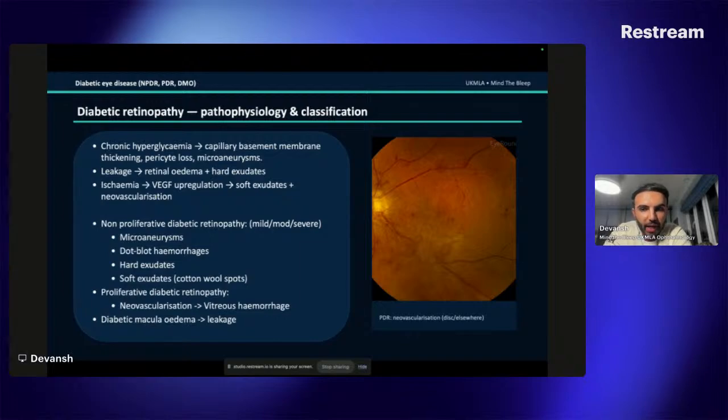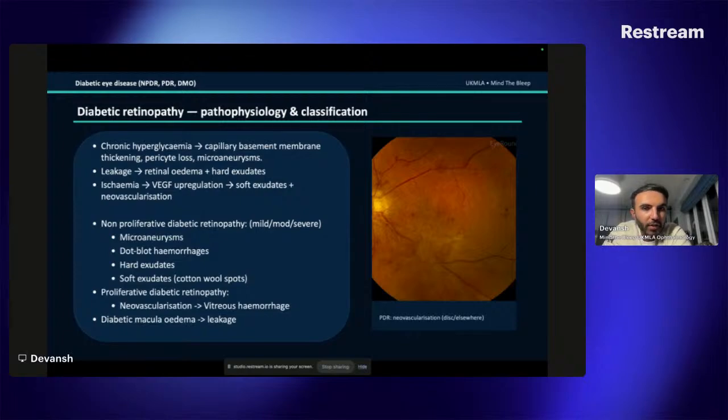On top of that, if we have ischemia ongoing, then what our body does to try and compensate for the ischemia is to upregulate VEGF. And this leads to what we call neovascularization, the formation of new blood vessels, which have the tendency to leak and bleed a lot more than our existing blood vessels. And that's, of course, a big problem that we'll look into.